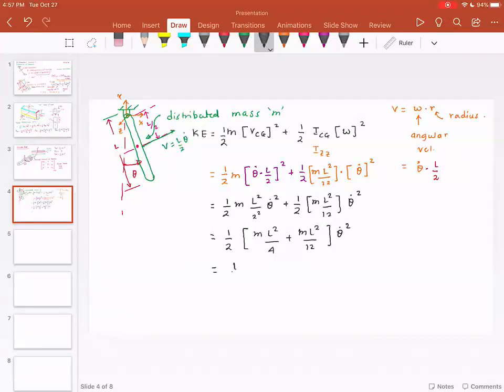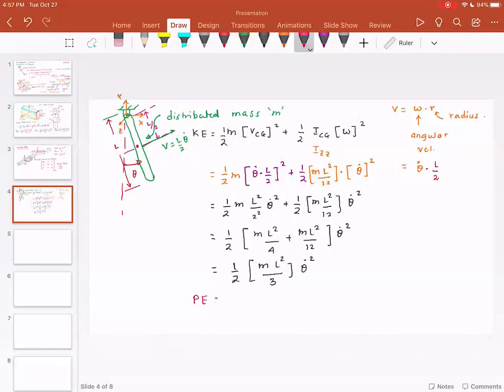So this expression can now be written as 1 half m L square by 3 theta dot square. So that is what the equation simplifies to. So when you combine the terms, now let's write the equation for the potential energy.